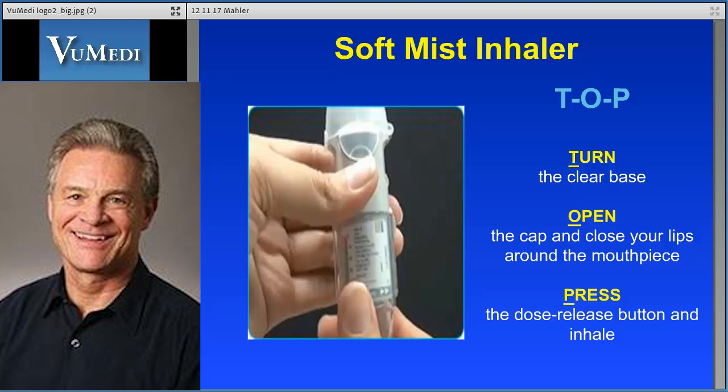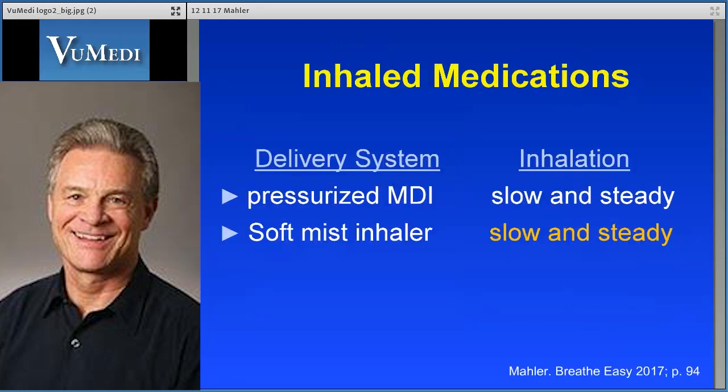To review appropriate use of the soft mist inhaler, remember TOP. T refers to turn the clear base. O refers to open the cap and close your lips around the mouthpiece, and P or press the dose release button and then inhale. So for review, with the soft mist inhaler, the individual should also use a slow and steady inhalation.